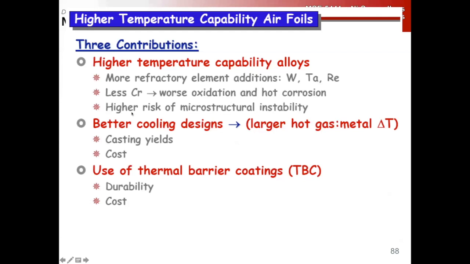And higher risk of microstructural instability, primarily through the formation of TCPs, topological close packed phases. So we have to do engineering designs, better cooling structures, but it's really difficult to cast single crystals with all these intricate cooling channels in there, right? And then there's a lot more machining steps after, and better use of thermal barrier coatings, right?